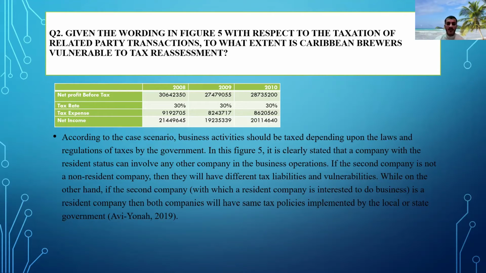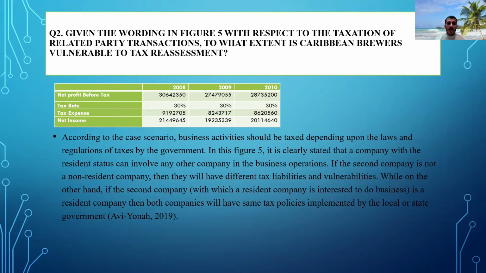In this figure 5, it is clearly stated that a company with the resident state can involve any other company in the business operation. If the second company is a non-resident company, then they will have different tax liabilities.